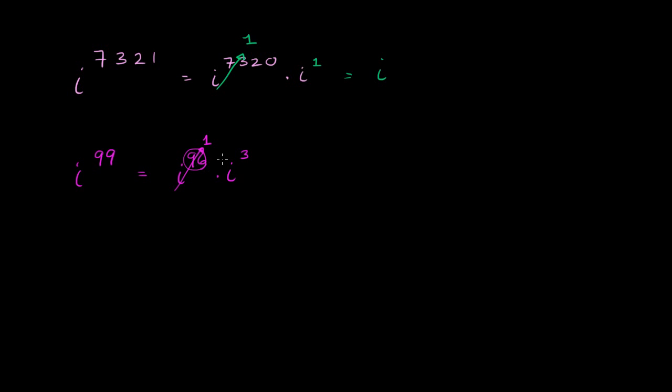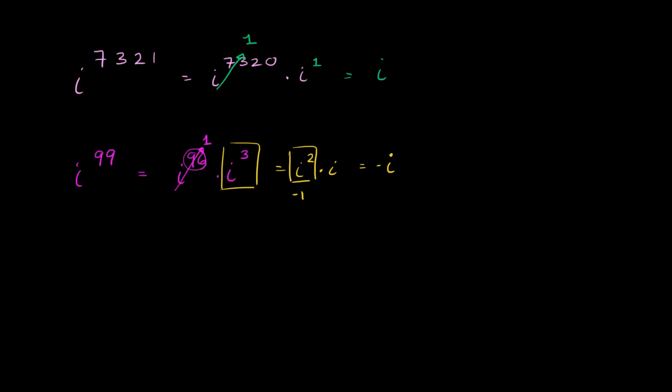And you could just remember that i to the third power is equal to negative i. Or if you forget that, you could say this is the same thing as i squared times i. i squared, by definition, is equal to negative 1. So you have negative 1 times i, which is equal to negative i.